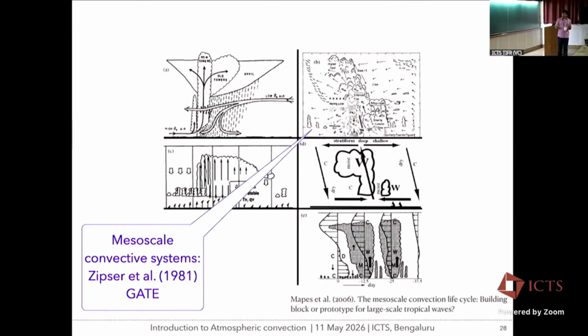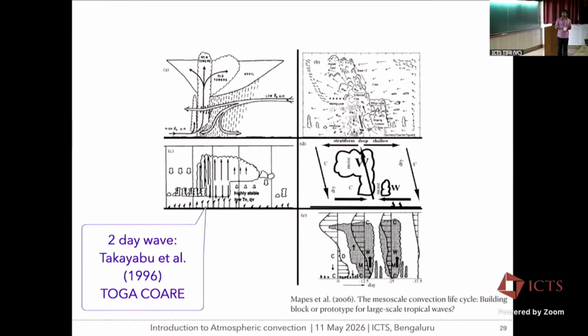And now from a squall line, we have come to a 2-day wave from Takayabu 1996. This is again from a very well-known field observation campaign, TOGA COARE. So now you have already seen these kinds of sketches in your own drawings.